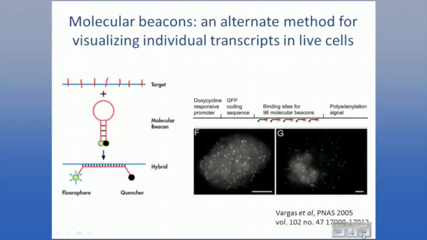When you introduce that into the cell, typically you have to do something like inject this into cells that are expressing your target labeled mRNA. Then, instead of self-hybridizing, it'll hybridize onto your little target sequences, and you'll be able to line up a bunch of fluorophores. One end of your beacon has a fluorophore, the other end has a quencher, so when it's in the closed conformation, it's not fluorescent, but when it opens up and binds to its target, it becomes fluorescent. Again, you can use this to visualize the movement of mRNAs in single cells.